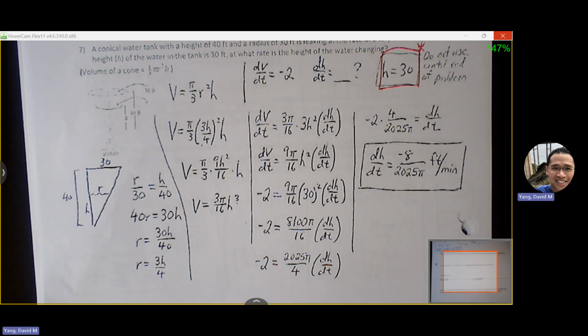We have volume and surface area of a cube. Go ahead and find each derivative, and then use the data to see if you can make your way down to what they're asking for.